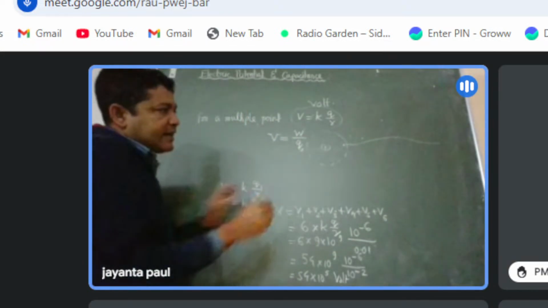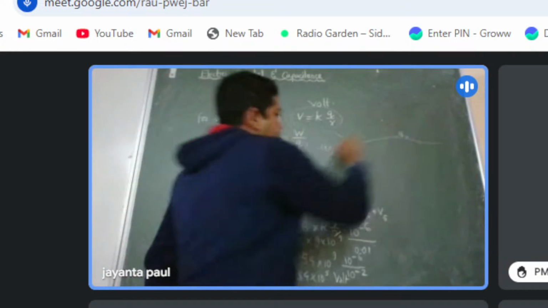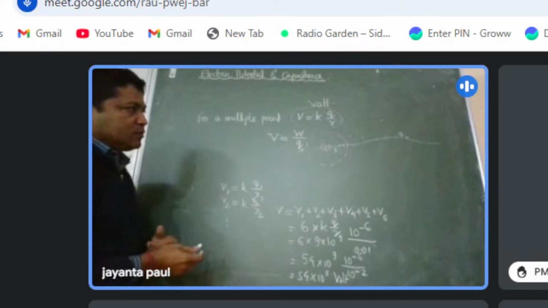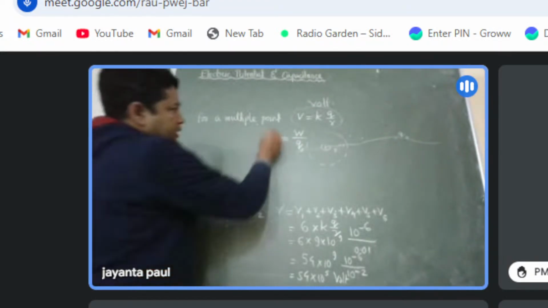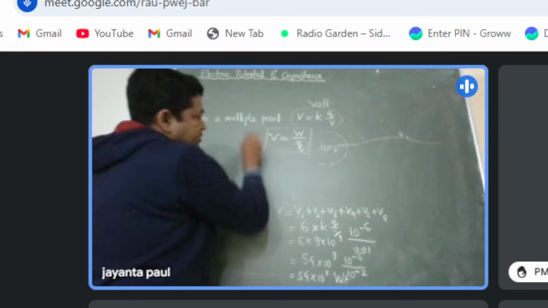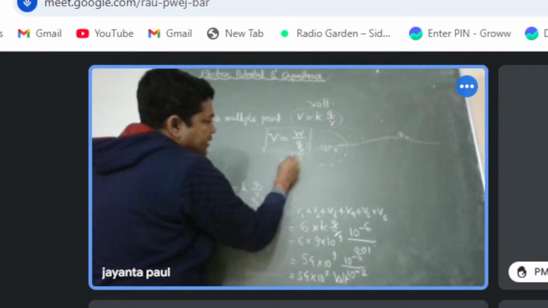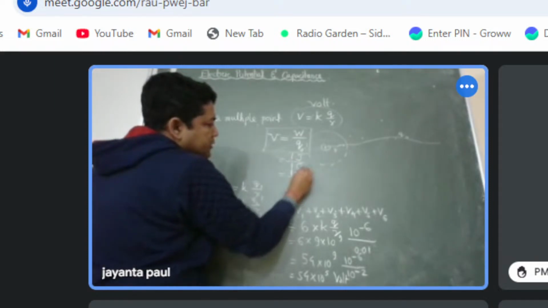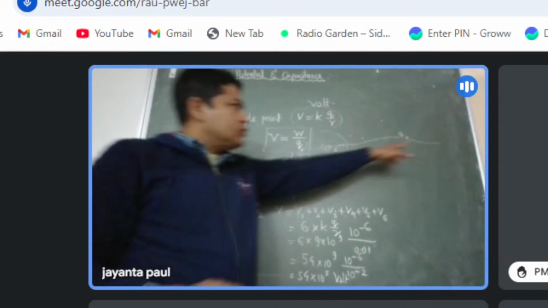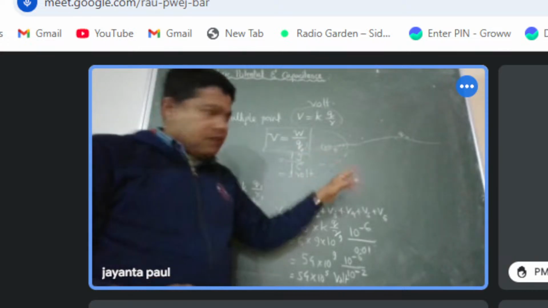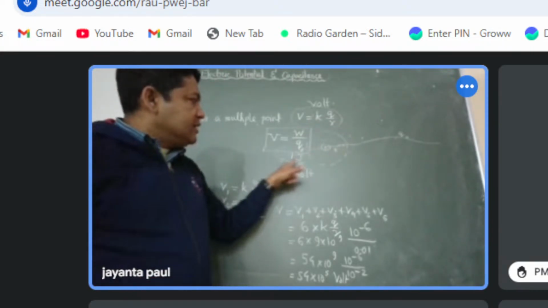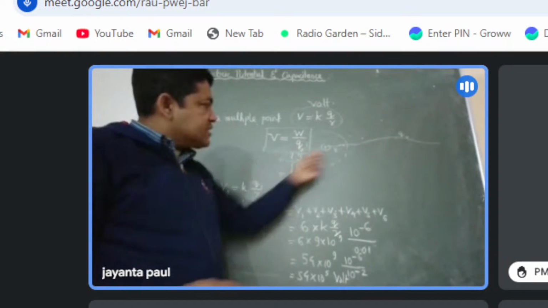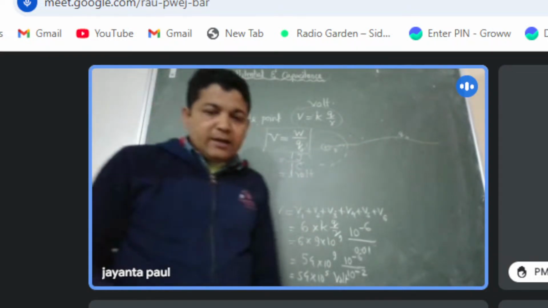If a test charge is brought from infinity to a point at distance r, then the potential there is W by Q0. So this is the basic definition. So if the work done is 1 joule and the test charge is 1 coulomb, the unit becomes 1 volt. That means when 1 coulomb of test charge is brought from infinity to a given point in an electric field, and for doing so the work done is 1 joule, the potential at that point is said to be 1 volt.